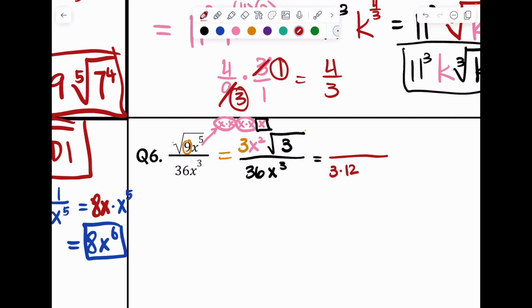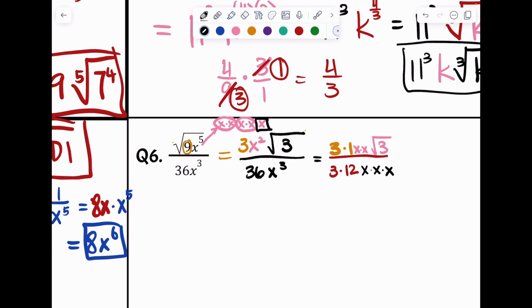And then 3 times 1 is going to be equivalent to 3. And then the x squared will remain as it is. Square root of 3 will remain. And the denominator also has x times x times x because that's x cubed, right? While I'm at it, I'll go ahead and write out the x squared as x times x.